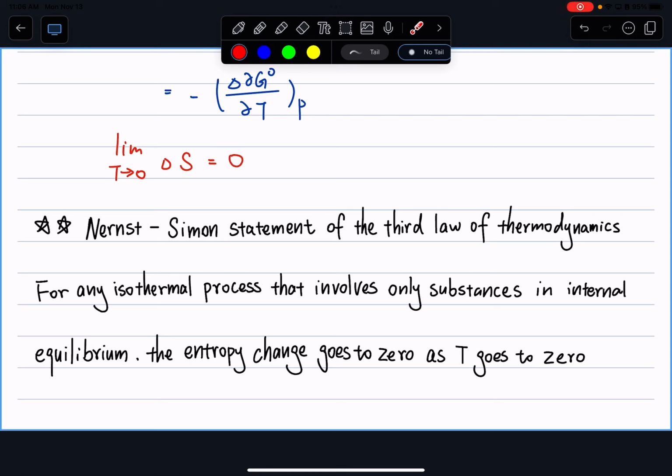The first thing we're saying is the molar entropy at 0 K, or when temperature is approaching 0 K, my standard molar entropy equals 0 for elements in condensed form.